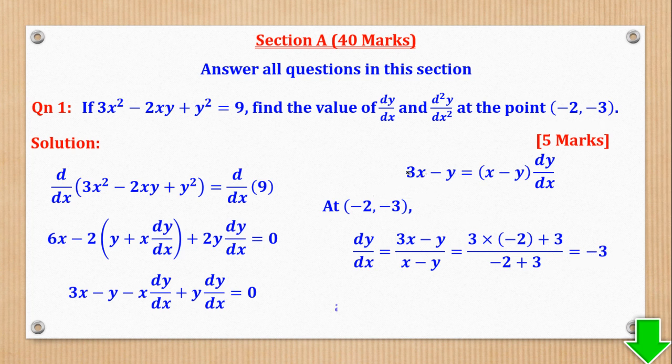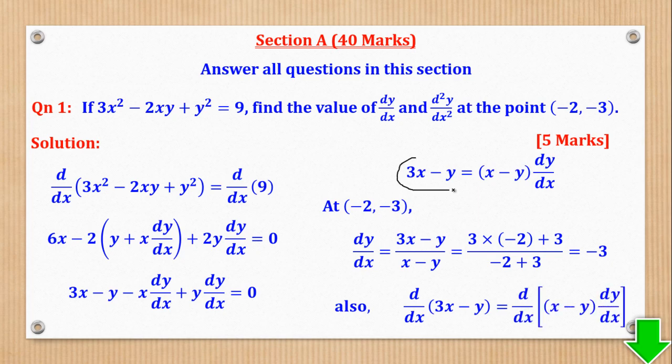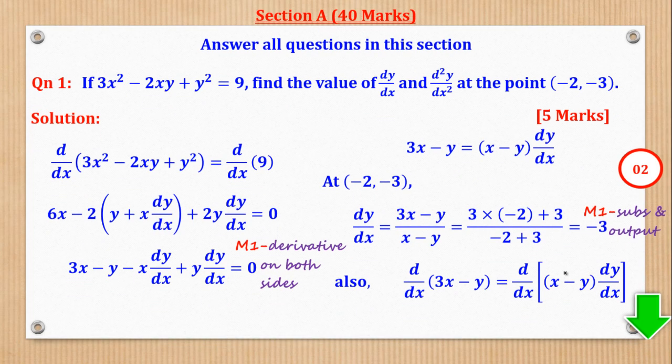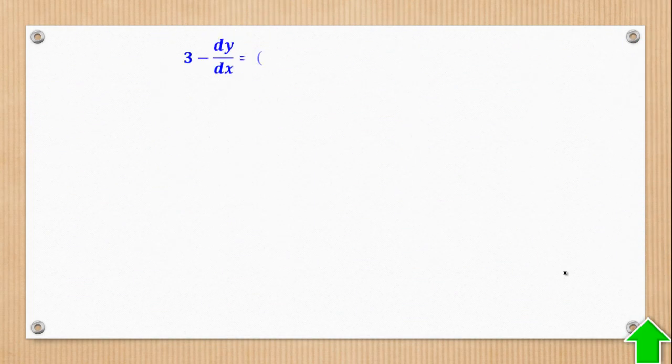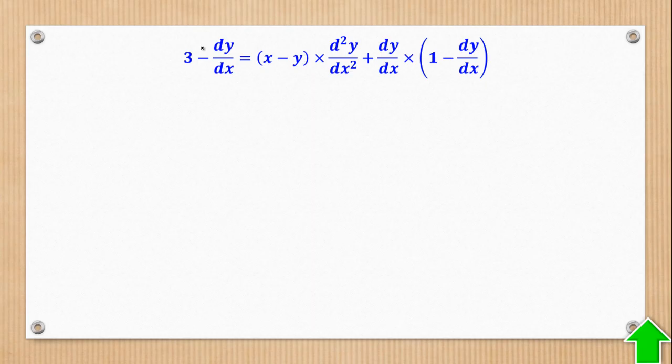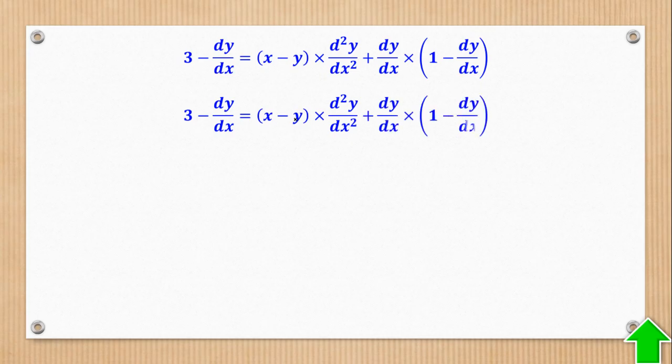Now that was the first derivative. For the second derivative, we again differentiate both sides. Differentiate this and also differentiate this. So when we do that, we shall come up with this expression here for the left hand side, and for the right hand side. And then we simplify.